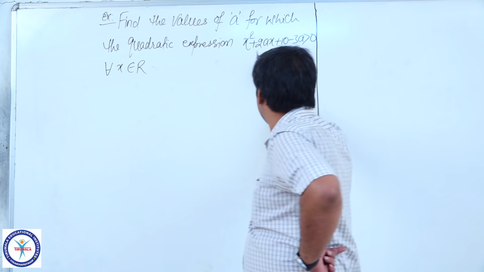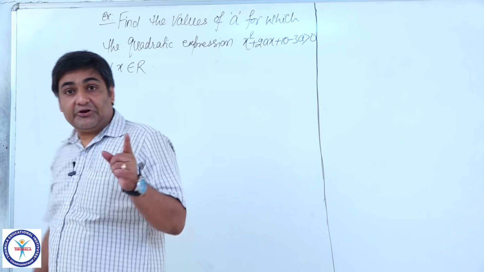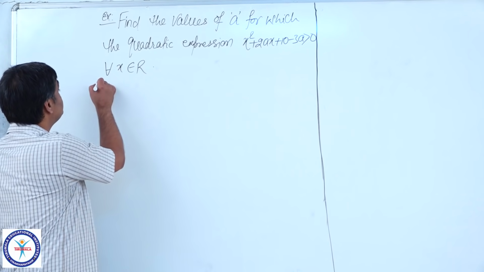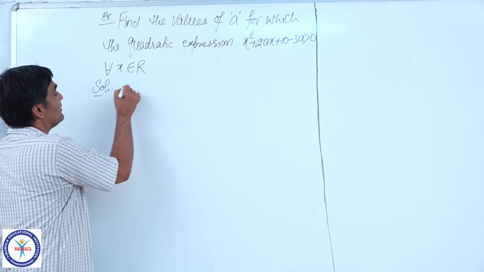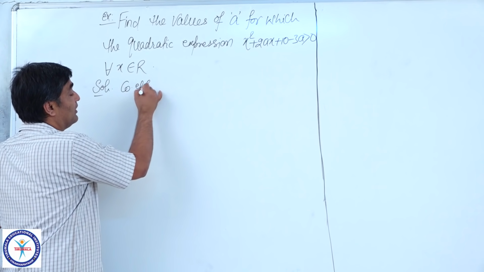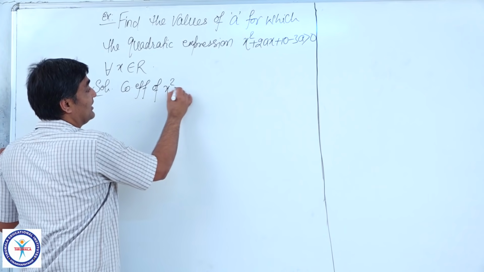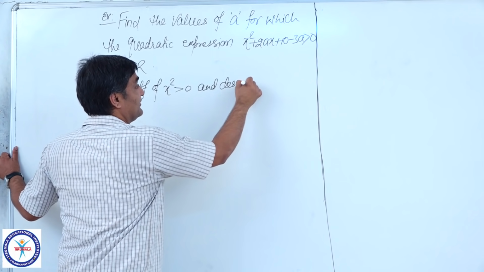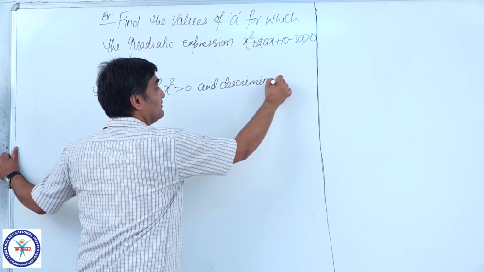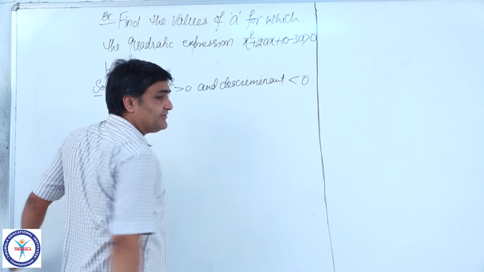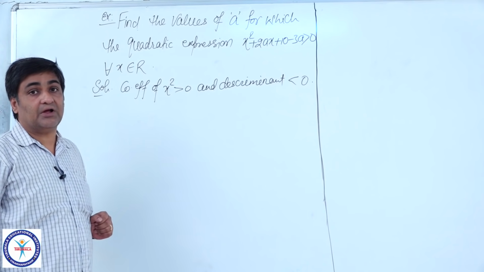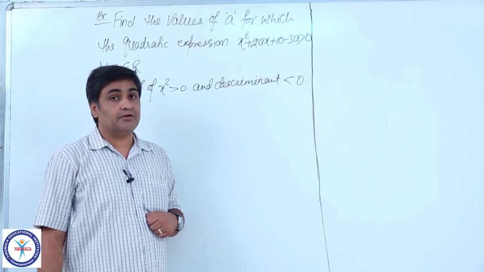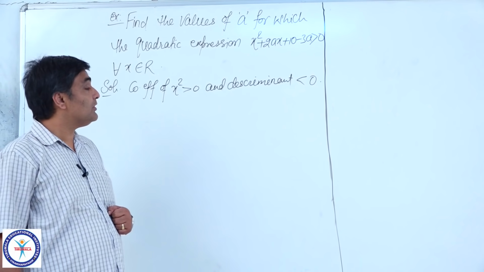Now, when a quadratic expression is always positive, the coefficient of x square is greater than 0 and the discriminant is less than 0.